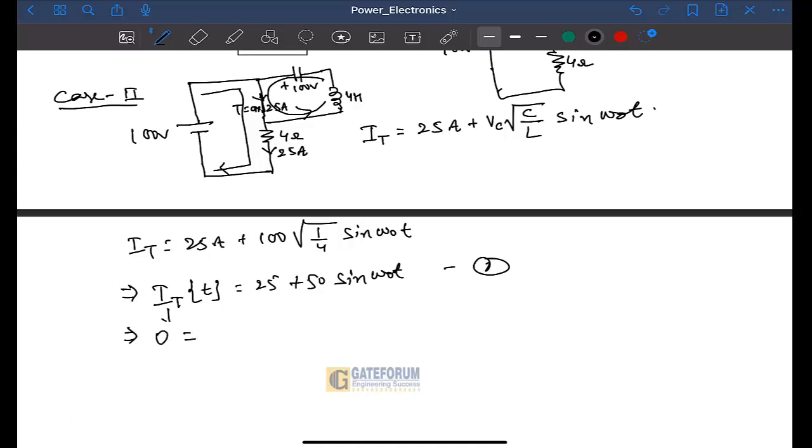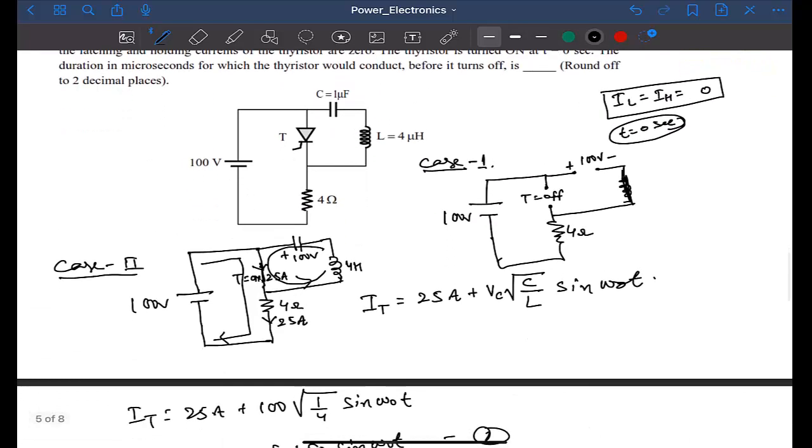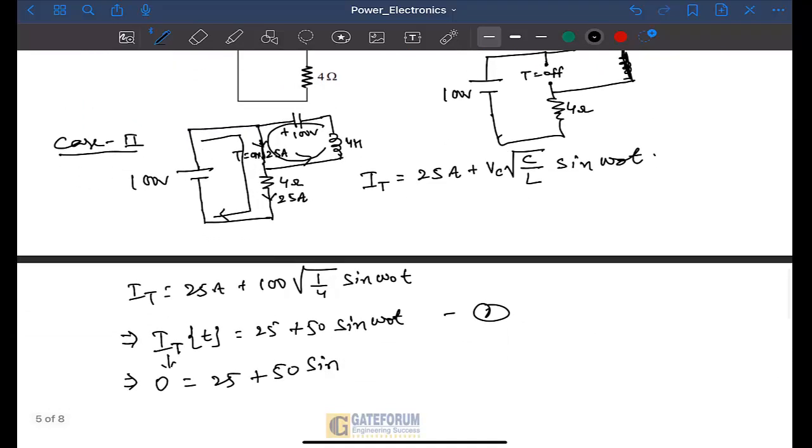So from this expression we can say that omega naught into T on will be sine inverse of minus 25 divided by 50.